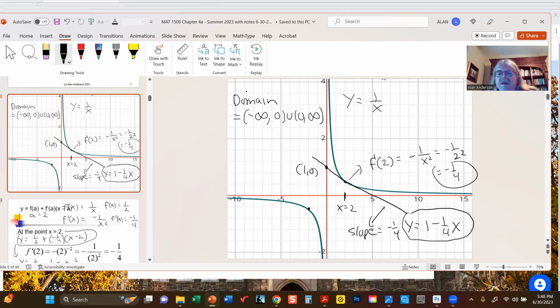In other words, what this tells me is that the derivative of f of x equals 1 over x is negative 1/4 when x equals 2.